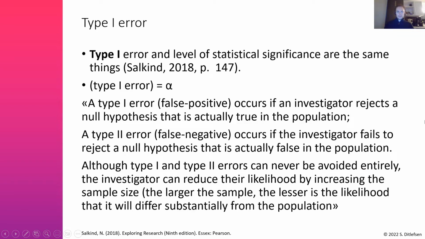Type 1 and type 2 errors can never be avoided entirely. The investigator can reduce their likelihood by increasing the sample size. The larger the sample, the lesser is the likelihood that it will differ substantially from the population. So increasing the sample size is very important.